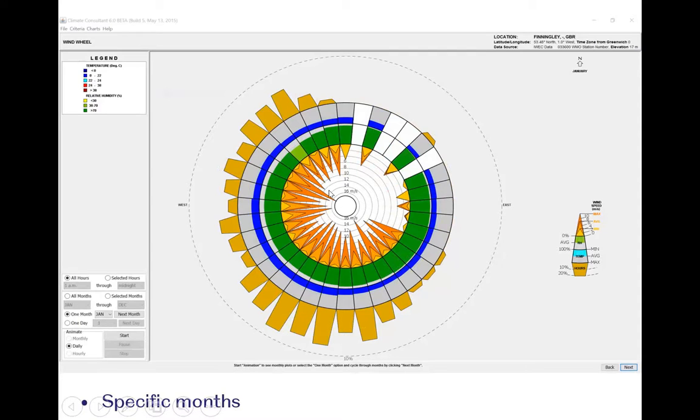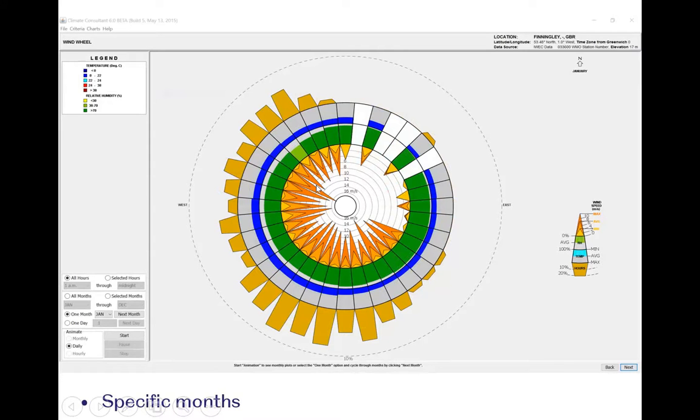So for example, if we look here, see where my mouse is, the light orange spike, the average, is saying that the average wind is 6 meters per second from this direction. The maximum measured wind is 12 meters per second. So thinking back to our Beaufort scale, anything below 10 meters per second was generally considered quite acceptable.